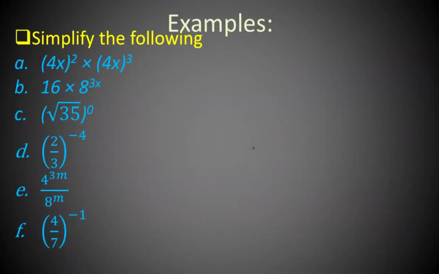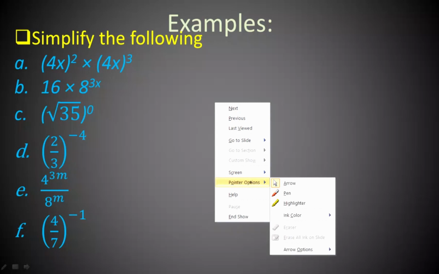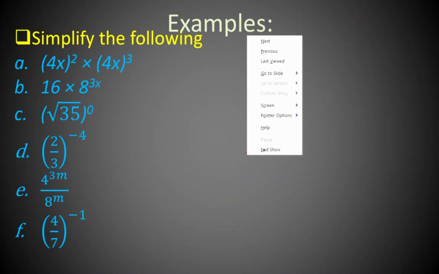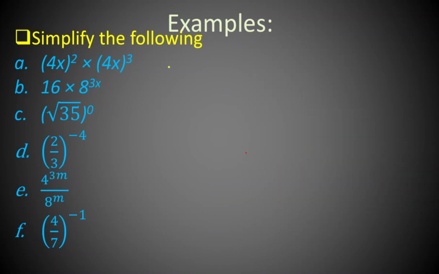Let me show the examples to simplify. This means we have (4x) to the power of 2 times (4x) to the power of 3 in the bracket. Inside the bracket we have 4x as a base, over here 4x as the base, since we know that a to the power of m times a to the power of n is a to the power of m plus n.